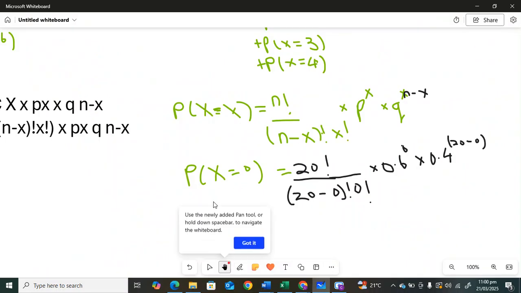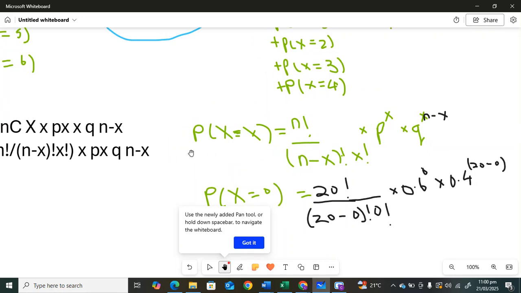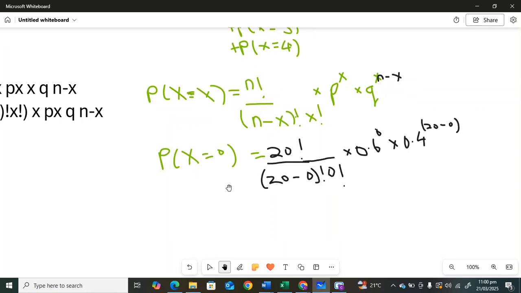So now with this question, we want to find the probability that at least 5 students prefer working in the banking industry. We're trying to find that probability.